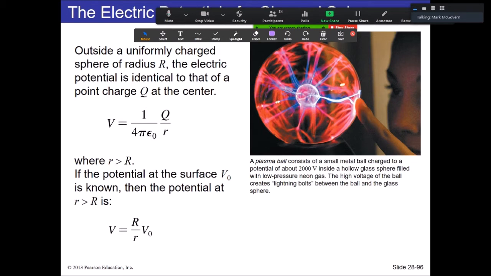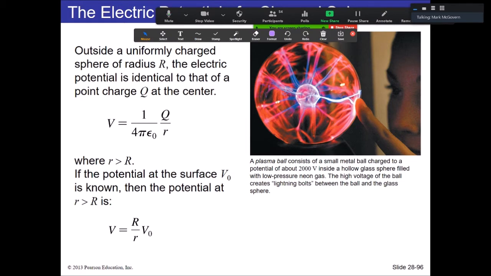This is not a hard formula here. Say you had the information about the potential on the surface. You're told how large the sphere is, and you're told what the potential is. Well, you just solve for Q, and then you use this again at some later distance R. That does allow you to create this proportion, which is a very simple thing to do, but I don't want you to look at this thing down here and think, oh, this is another equation that we have to do.